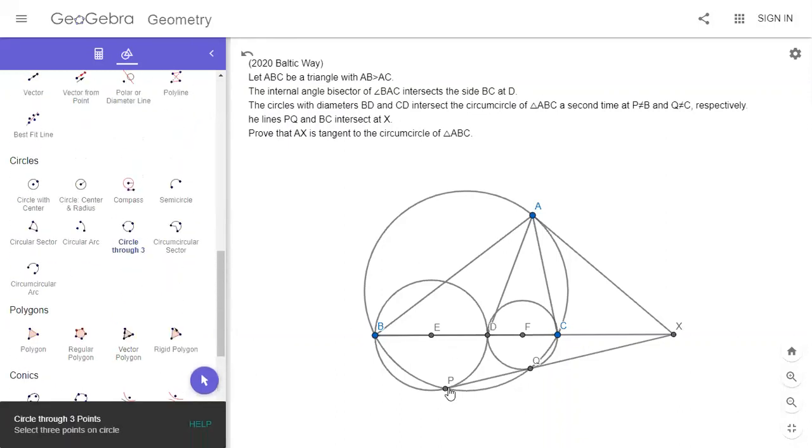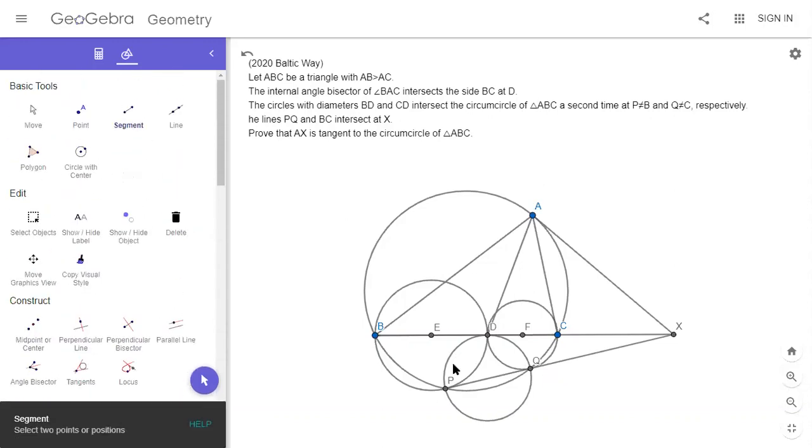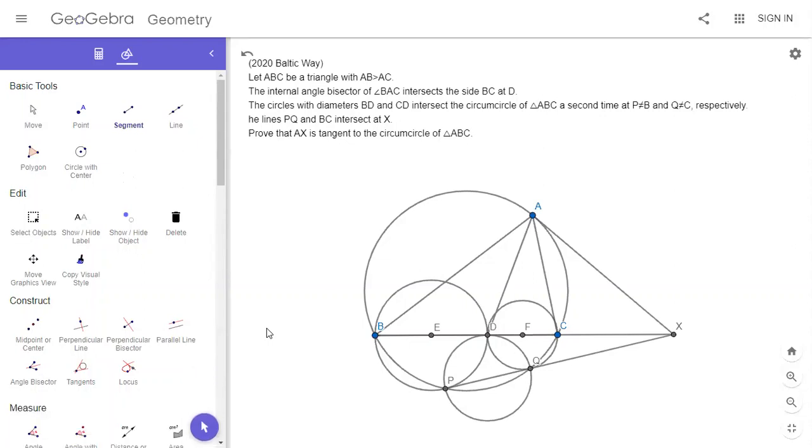So let's see. Because we want to show that, we have 90 minus that, which is 90 plus that, so I can prove it's tangent through an angle chase. Yeah, the question is how. Okay, so XD squared is XQ times XP, which is XC times XB.